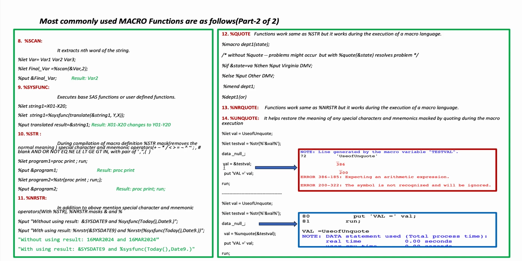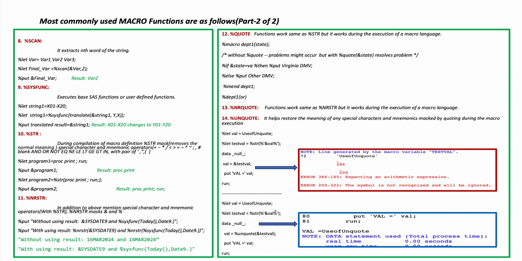Suppose we are using this macro variable testval in another SAS program, and when we use this macro variable value, then it will result in an error. The error is shown on the right side. It says here, expecting an arithmetic expression.